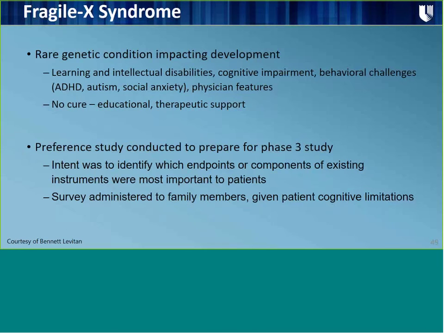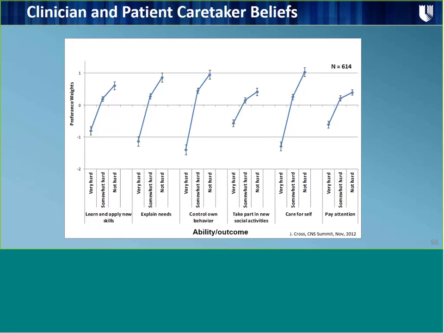We did a prioritization study a number of years ago in Fragile X syndrome. This is a rare genetic condition resulting in developmental disabilities. This was an early prioritization stage.